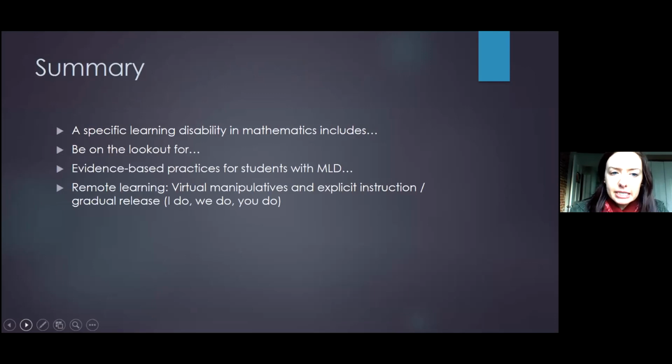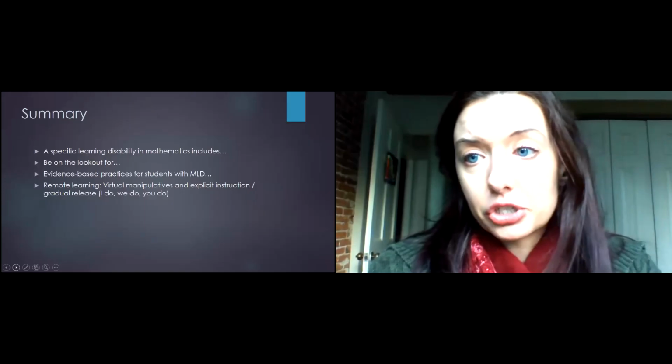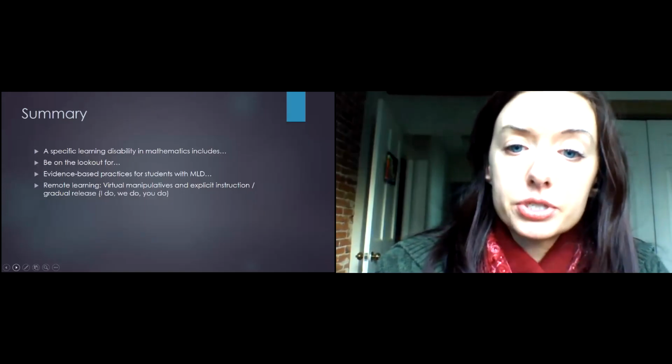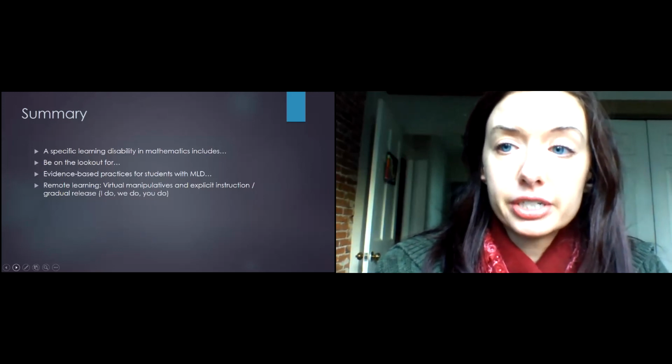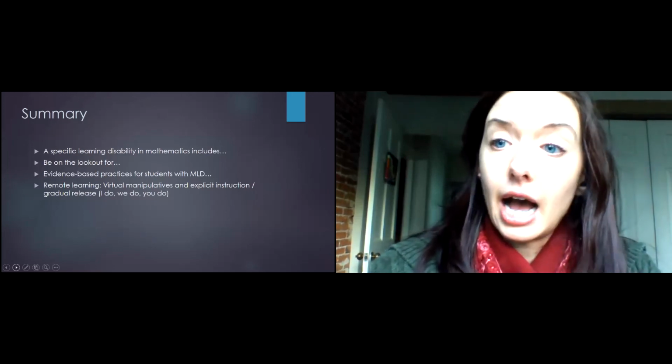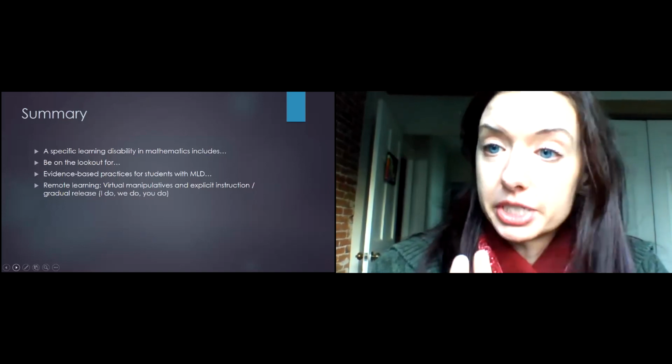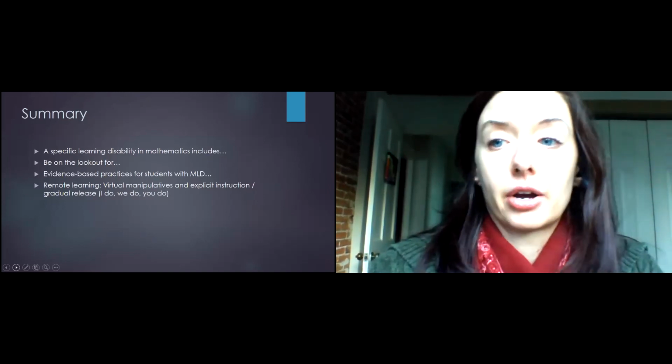We want to use evidence-based practices for students, and you're going to find those on the National Center for Intervention and the IRIS Center websites. We want to use concrete representational abstract approaches to teach conceptual understanding, and we also need to teach explicit instruction through gradual release. I do it, I model, guided practice, we do it together, and then you do it on your own.